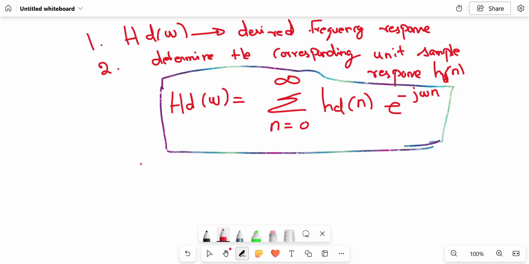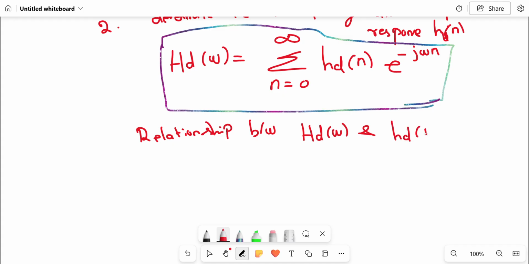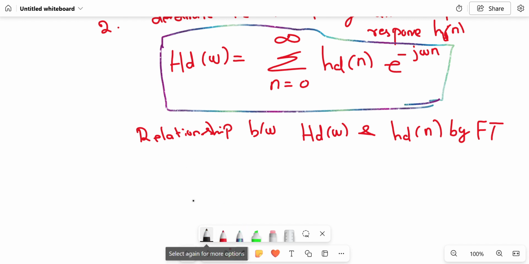So what is the relationship between HD of omega and HD of n by the Fourier transform?